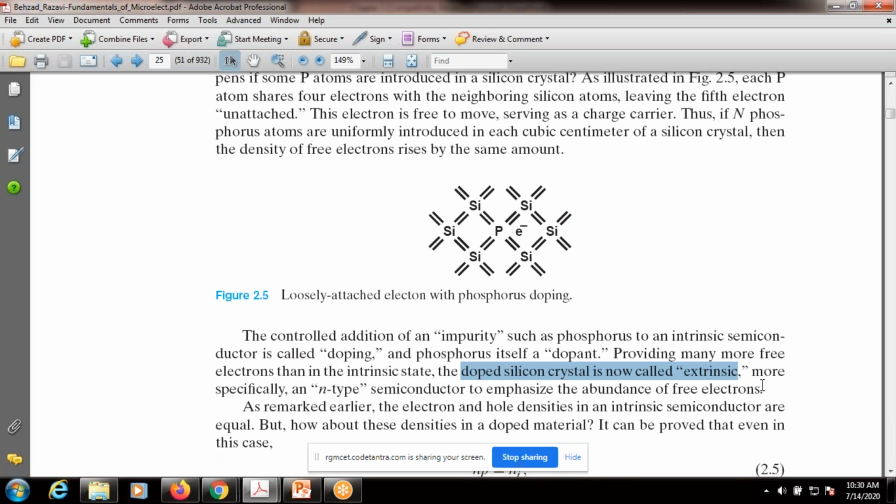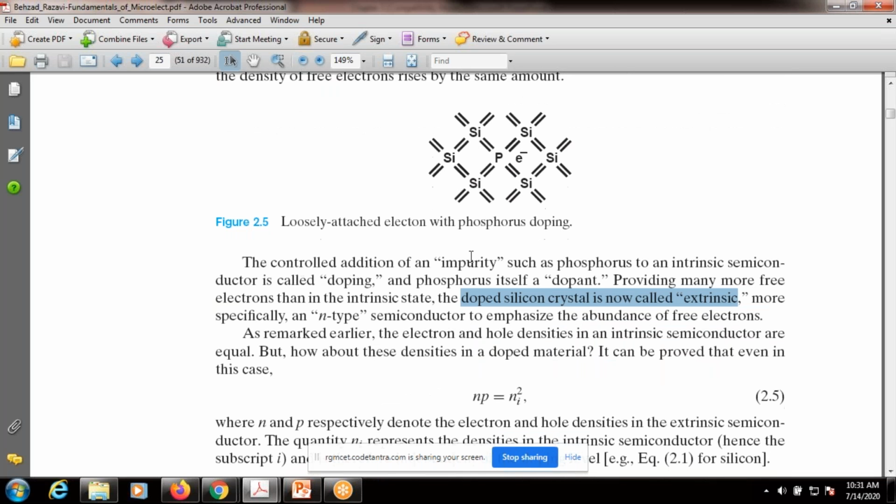In extrinsic semiconductors there are two types: one is p-type and another is n-type. Here, due to the addition of phosphorus atoms, more free electrons are available for conductivity. That's why this is called an n-type semiconductor. Here small n indicates the number of electrons.